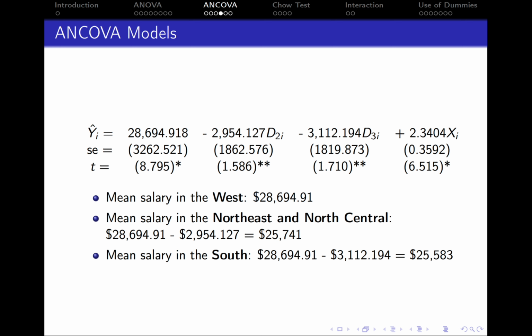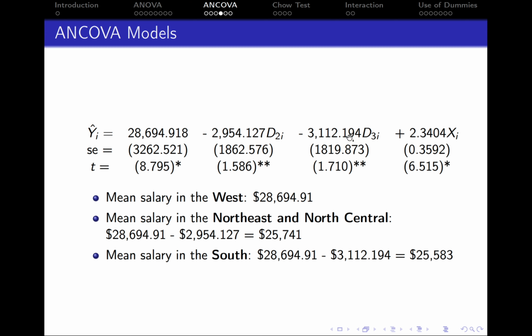First of all, let's calculate the mean salaries of the teachers. When it comes to the West, it is equal to the intercept, which is 28,694. To find the mean salary of the teachers in the North, we take the mean salary in the West and subtract the coefficient on dummy 2, and we get that the mean salary in the North is just 25,741.